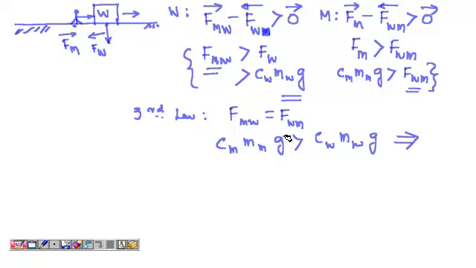What does it mean if I cancel this out? So we have CM upon MM must be greater than CW upon MW.